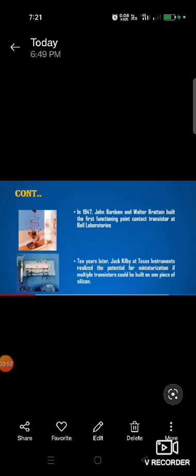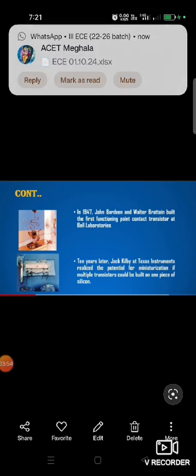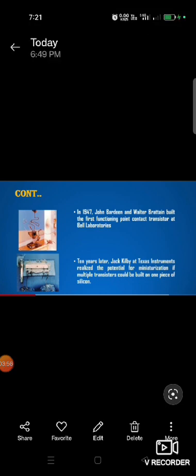Next, in 1947, John Bardeen and Walter Brattain built the first functioning point contact transistor at Bell Laboratories. This functioning point contact transistor, which was built at Bell Laboratories, is shown in the figure, and the size of this transistor is also very large. So this is the disadvantage.